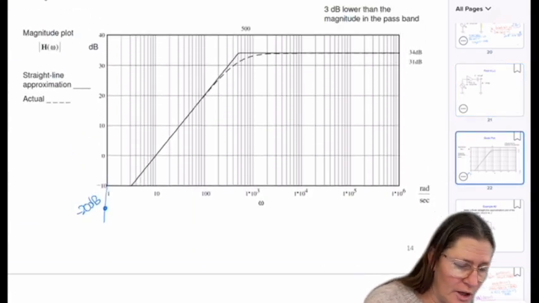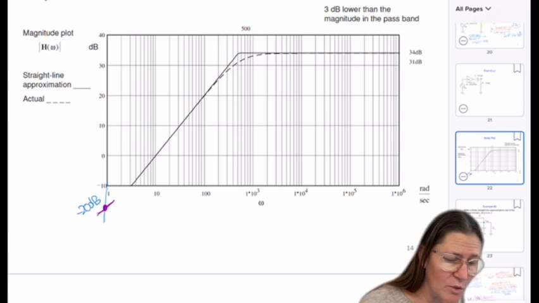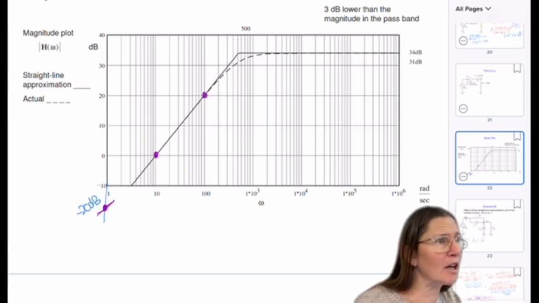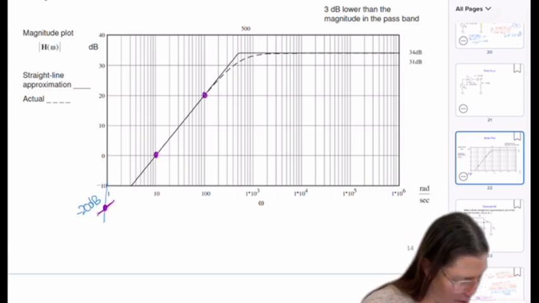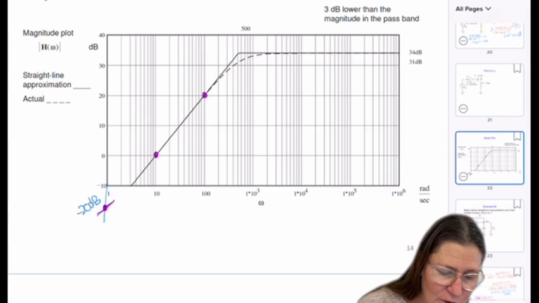So here I know it's going to increase. At 1, I'm going to be at minus 20. At 10, what value will I be at? 0. And then at 100, I'll be at 20. And so on until I reach, what was it, 500? Yeah, 500. 2, 3, 4, 5. So here's 500.